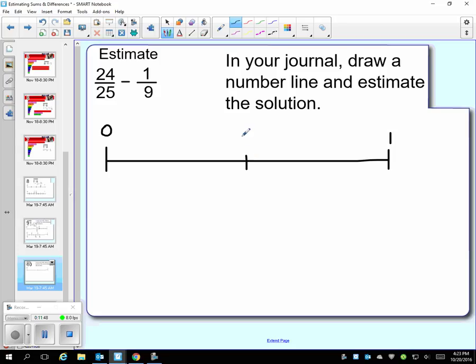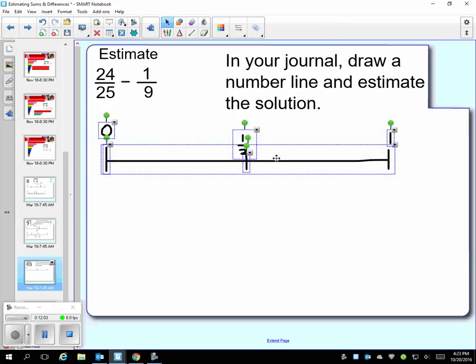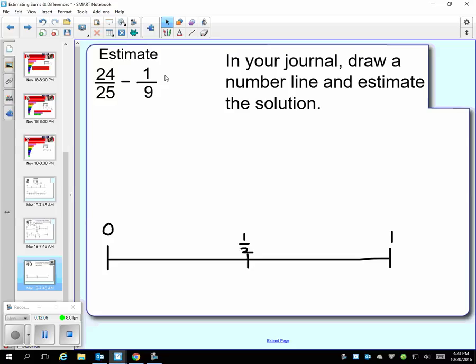This is my half. Now if I'm thinking 24/25, now this one I can look at and see that it's really close to almost a whole, right? So you might not even need to draw on a number line to figure that one out. I'm going to scoot all this down. Okay, so I know that this is close to a whole.